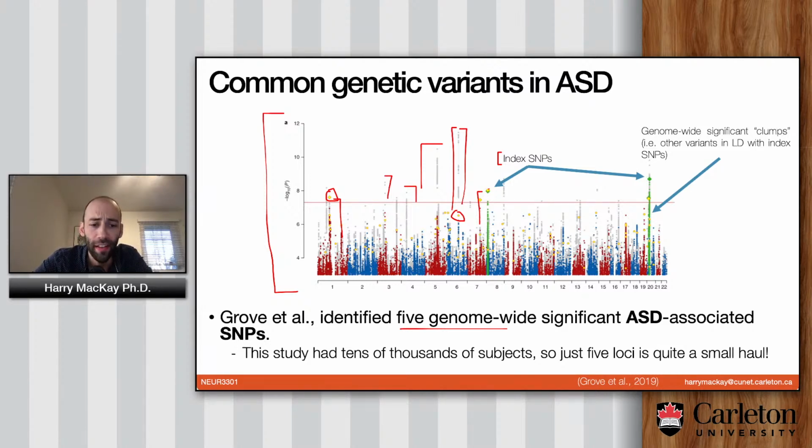But anyway, just consider the fact that they had tens of thousands of subjects, 18,000 cases, and all they got were 5 locations. Think about how limiting that is for a phenotype that we believe is highly genetic. You only get 5 SNPs. And SNPs, my friends, they don't tend to contribute a whole lot. These are not ridiculously significant p-values.